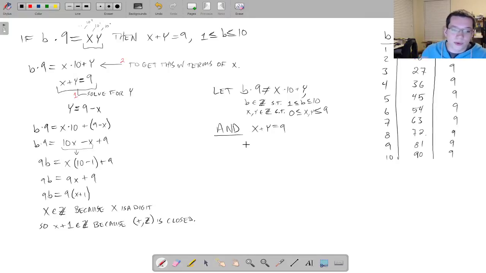Okay, so then we're just going to repeat this process from over here. Use our thinking on paper and put it over here. So we're going to say y equals 9 minus x by the closure of addition and the existence of additive inverses in the integers.